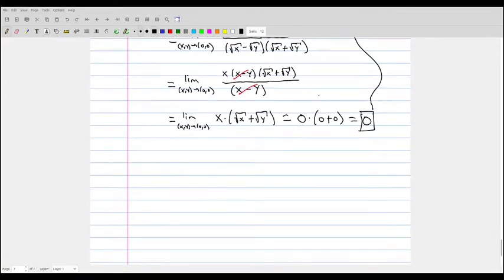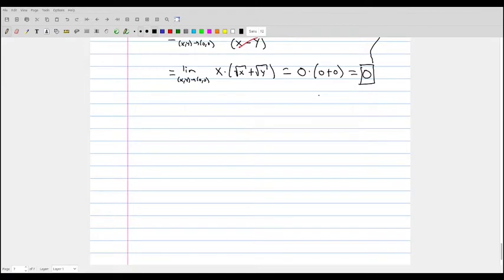Another technique that's very, very useful is what's called synthetic division. Right? So factoring, synthetic division.